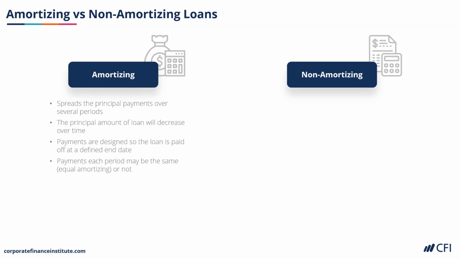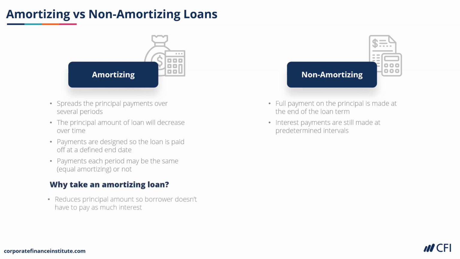Principal payments may be the same in an equally amortizing loan, for example, or may vary in an equal payments loan, as we'll show you in the coming lessons. With a non-amortizing loan, the full payment of principal is made at the end of the loan term. Interest payments are still made at predetermined intervals along the way.